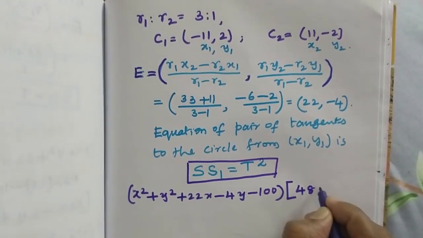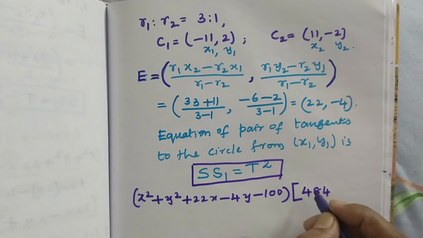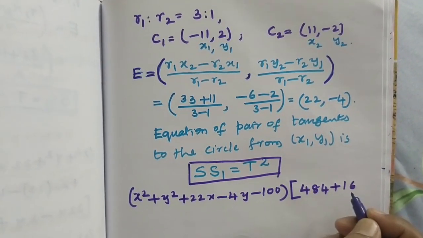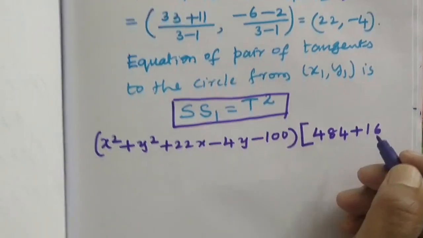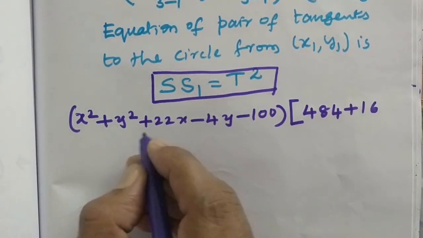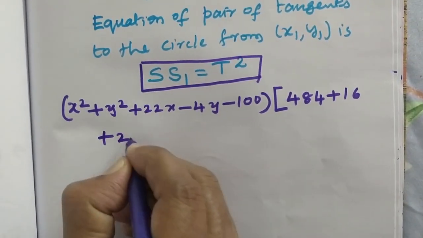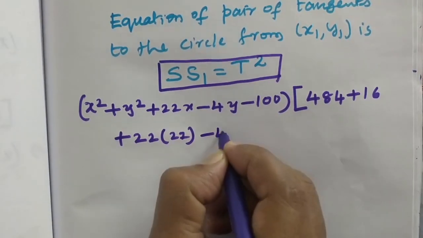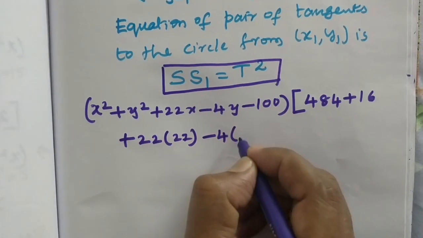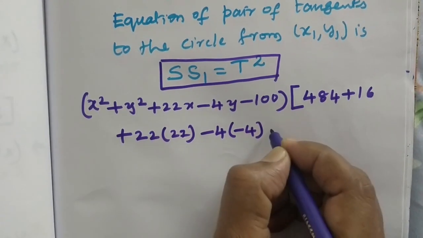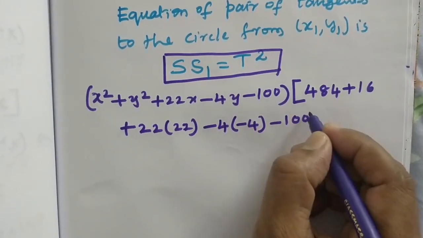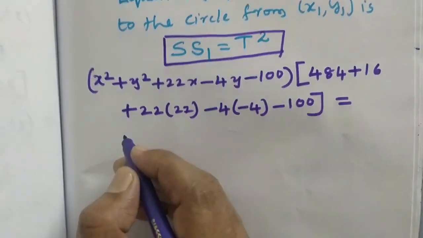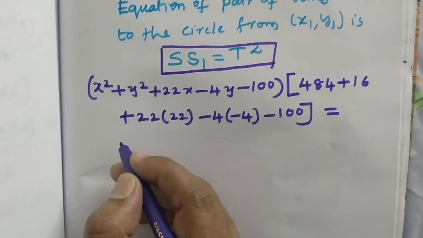484. And then y square is 4 4s are 16. Right. Next, plus 22x means 22 into 22, minus 4 into y is minus 4, minus 100 is equal to... what is my tangent equation? You know that x x1 plus like that.